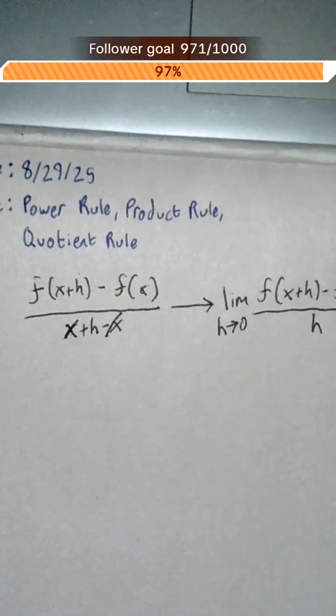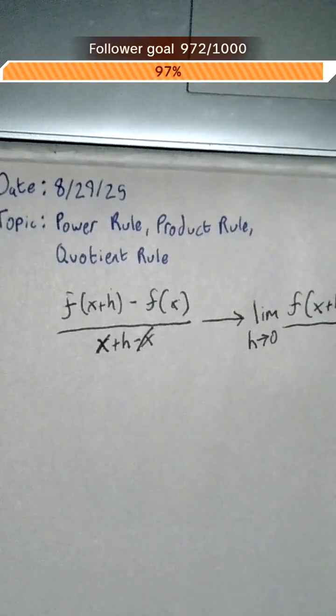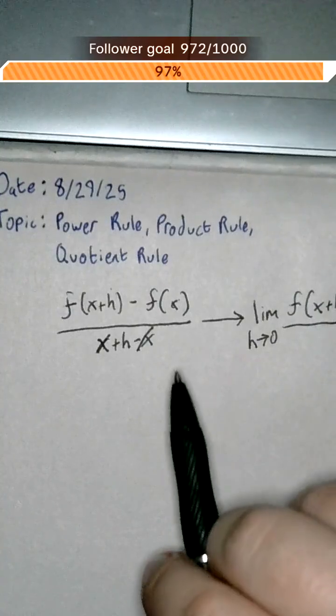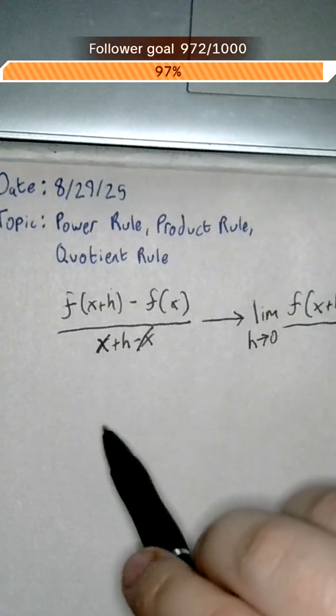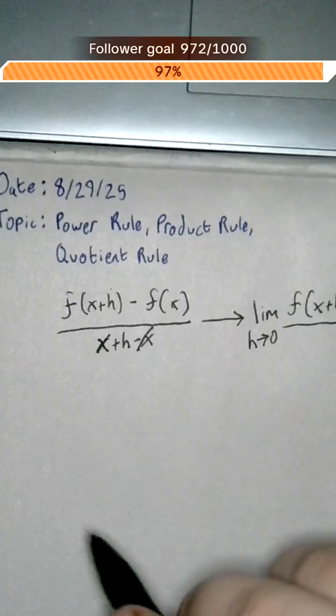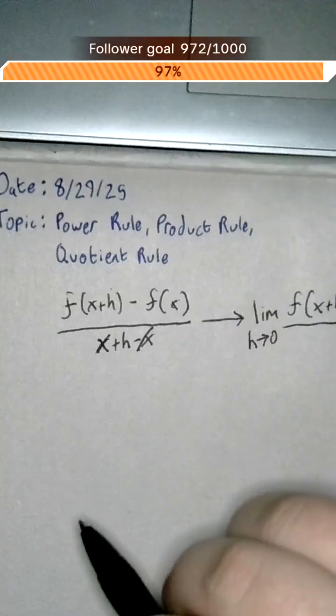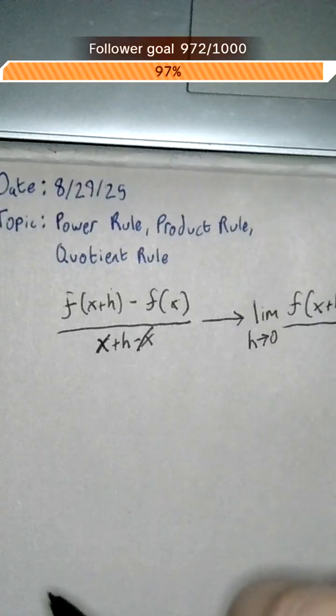It seems every time I do a limit, someone says L'Hopital. Well, the thing about L'Hopital is that it requires a certain condition to be met in order to be able to do it. If I don't have 0 over 0 or infinity over infinity or any other form of indeterminate form, then I can't use L'Hopital.